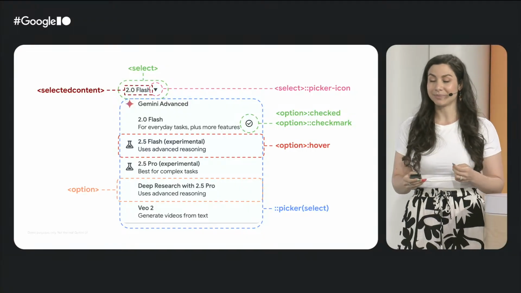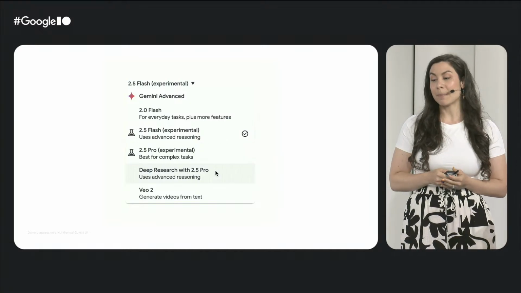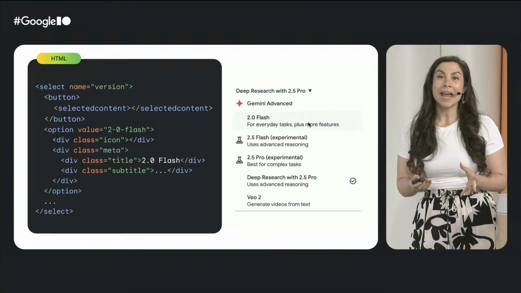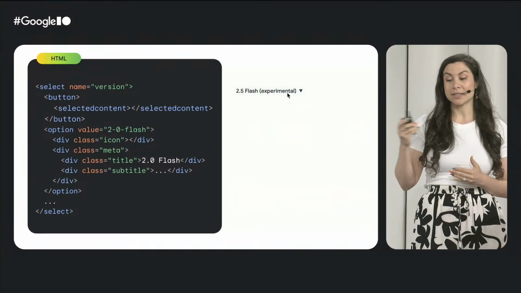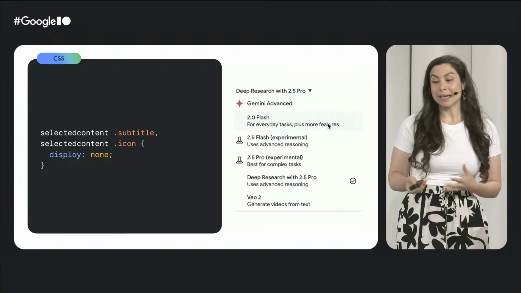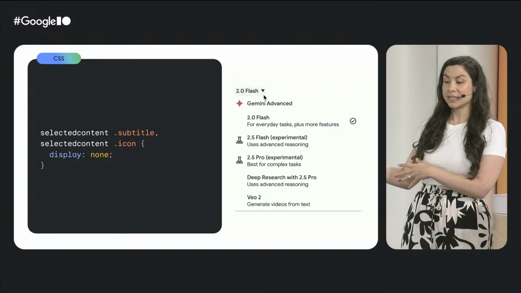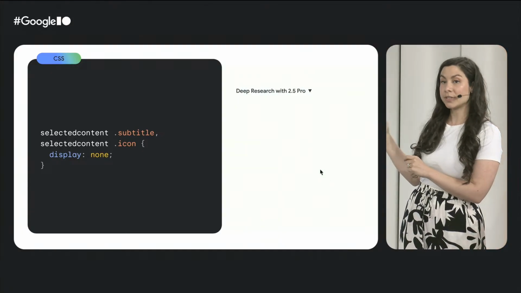All of this together gives you a ton of unique control over customizing select, and in a much easier, more straightforward way than before. Take this example, which is similar to Google AI Studio's picker menu. Here, I have a button where I'm inserting selected content, and each option has a slot for an icon, title, and subtitle. One neat thing that I'm doing here is making the selected content, which shows the option that I picked, only show the name of the Gemini version.